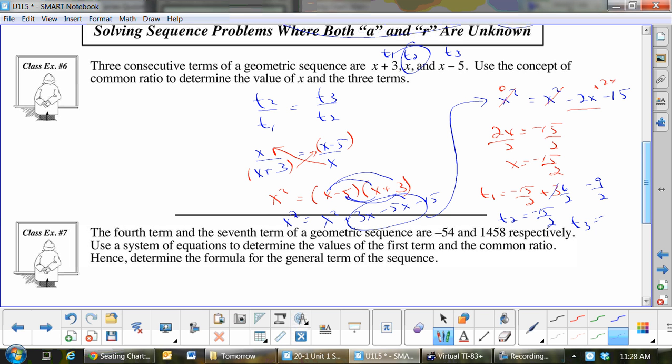So that is negative 15 over 2 minus, what's 5? 10 over 2, right? 5 over 1, 10 over 2. Negative 15 minus 10 is negative 25 over 2. That's T3.